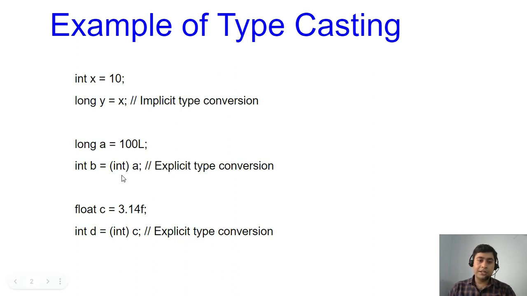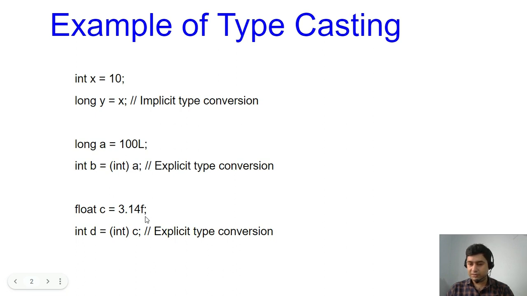So what will happen, you are casting those values, a is long here, and you are casting the long value into the integer value with the parenthesis, that is called explicit typecasting. So whenever you do implicit typecasting conversion, you can easily do it by assigning y equal to x. But if you do explicit, then you definitely have to represent the type you want to convert to in parentheses here. So this long will be converted into int and stored in b. So this is called explicit type conversion.